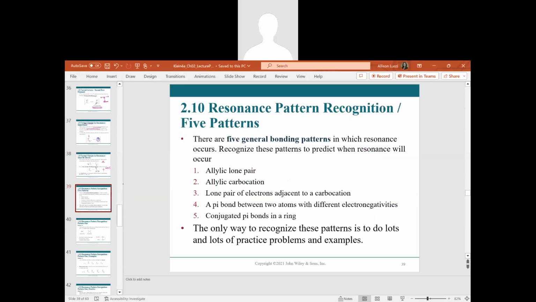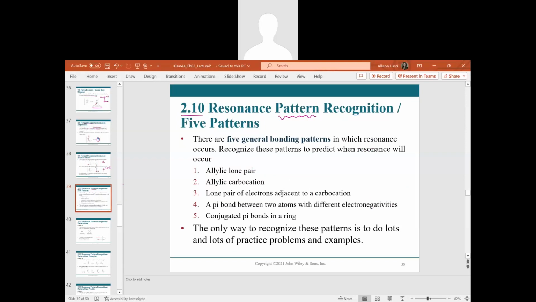That brings us to the next section, section 2.10. There are some patterns that we're going to hopefully recognize, and that will tell us that resonance is possible. So we'll read through these quickly, and then we'll take a look at some specific examples.